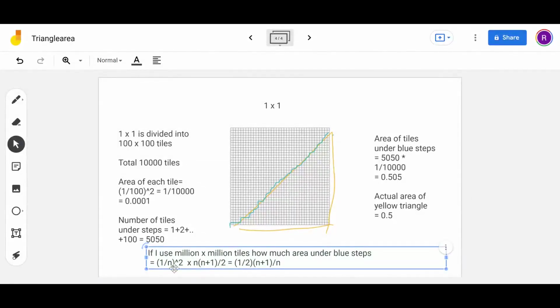So remember, I have an n squared here, and I have an n times n plus 1 by 2. So one n and one n will go away, and you will get n plus 1 divided by n. So how much is that when n is a million? Who wants to say the area that we get out of this when n is million?